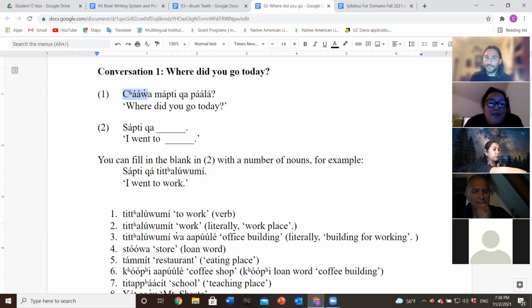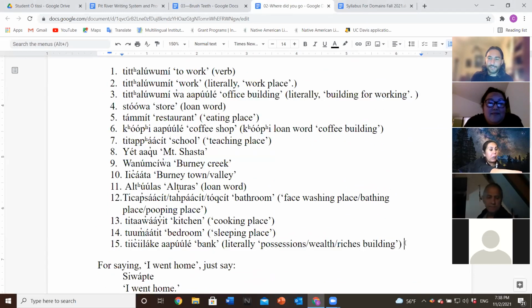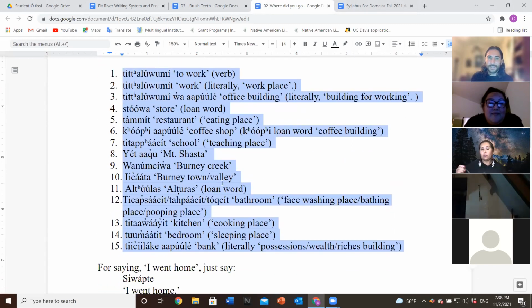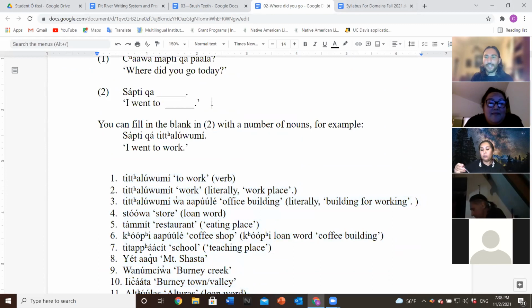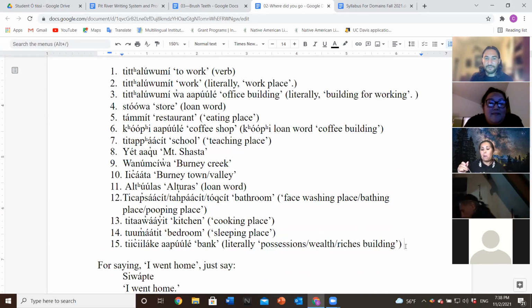So the first person will say Chatwa mapti la bala. So, where did you go today? And then the other person will answer Sapti la, I went to, and then here I have a list of places, and if you went somewhere that's not on this list, you can just put the English word for now, and then we can keep adding places to this list.